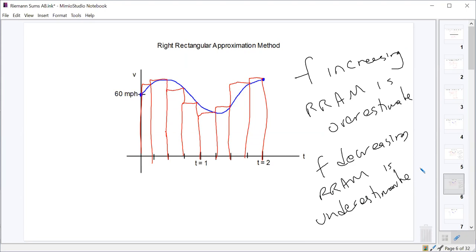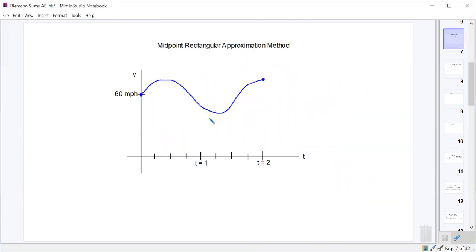Good. All right. So how else could we draw rectangles underneath here, using these little subintervals that we've got? Rather than start at the left endpoint and make a rectangle, or start at the right endpoint and make a rectangle, where else could we start on our interval? The middle. We could do a midpoint rectangular approximation. That's exactly right.